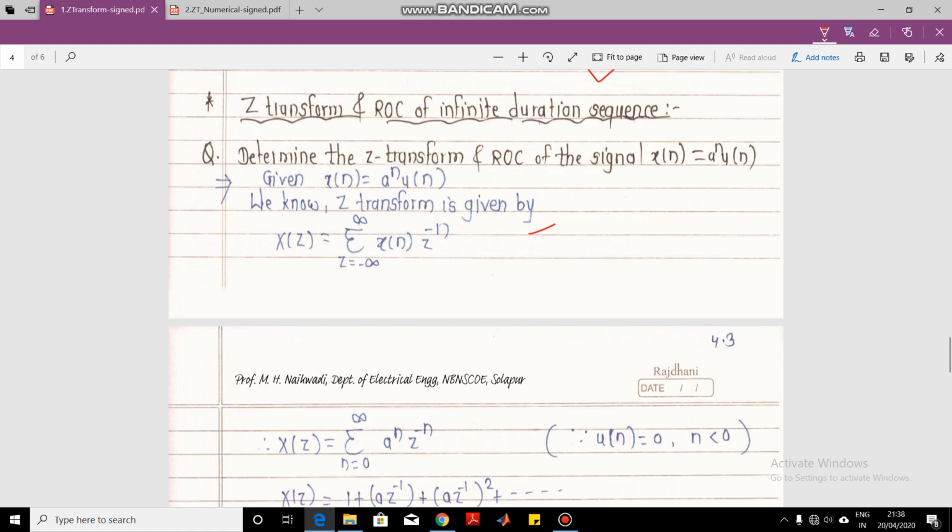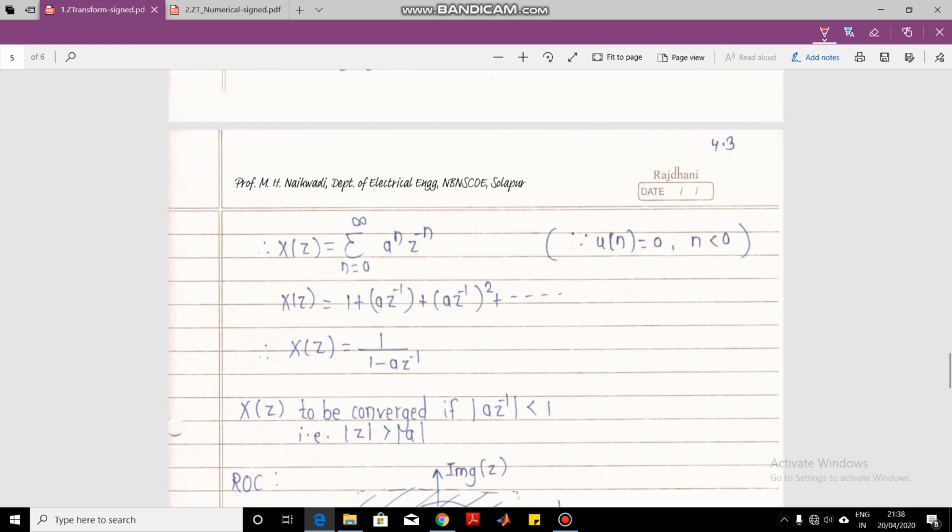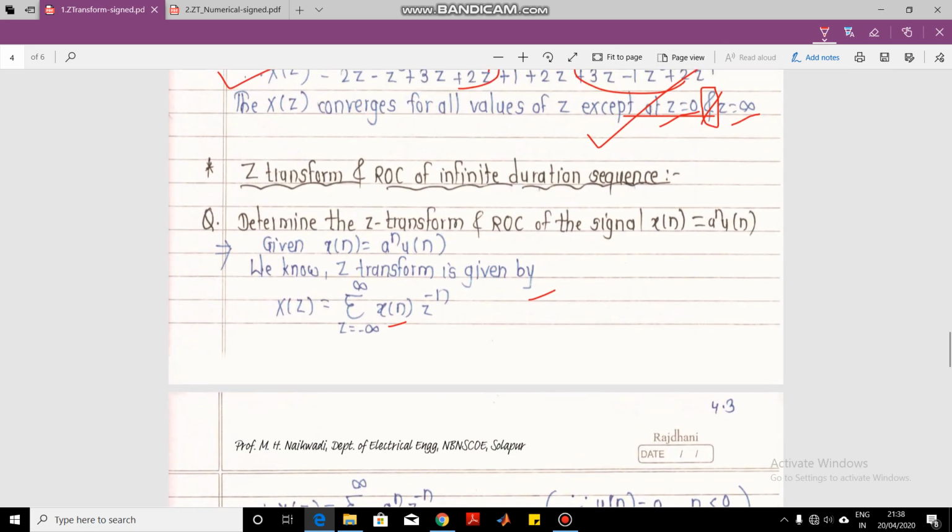So we apply the equation of the Z transform. This is a very fundamental equation, and we apply it for any Z transform, whether of finite duration or infinite duration. We substitute the value of x of n in this equation. Now in this equation there is u of n, and u of n exists only from 0 to infinity.